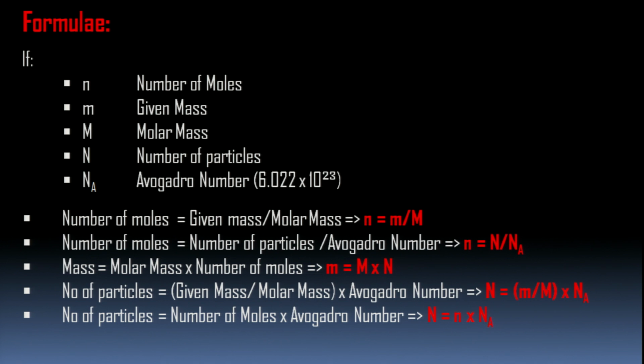What is that? Number of moles. Into Avogadro's number. Other way of finding out particles, number of moles into Avogadro's number. Children, please note these formulas and you use it in the numericals which we will be doing now.